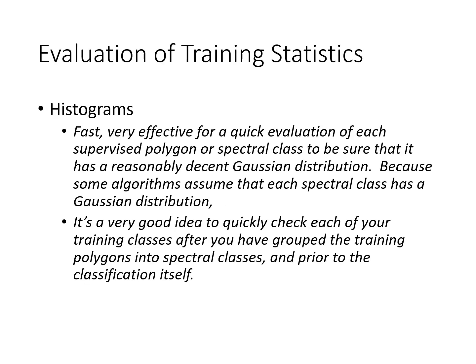Training statistics. As you're doing your training, one thing you can look at is histograms for individual polygons, or for all the polygons in a particular spectral class, to make sure that it's got a reasonably smooth, preferably Gaussian distribution.